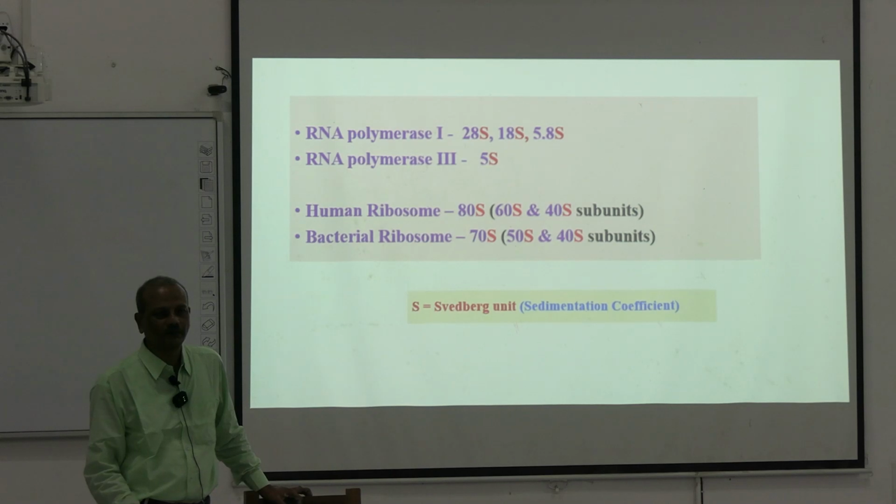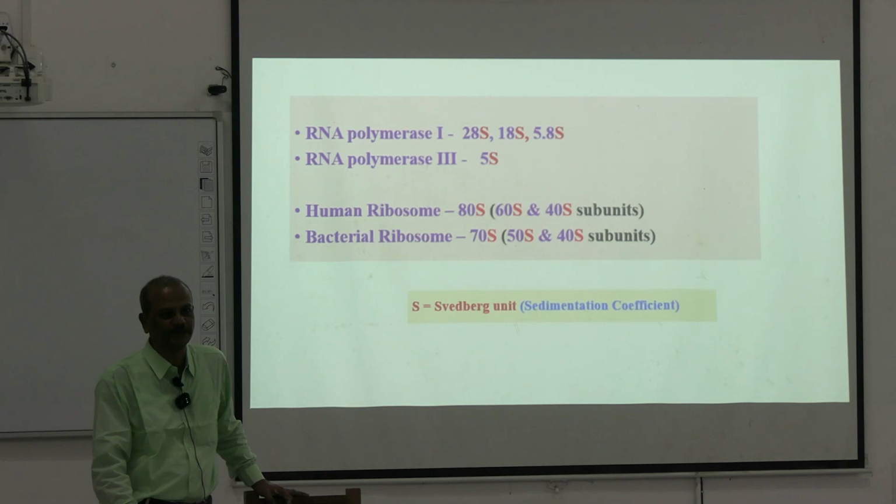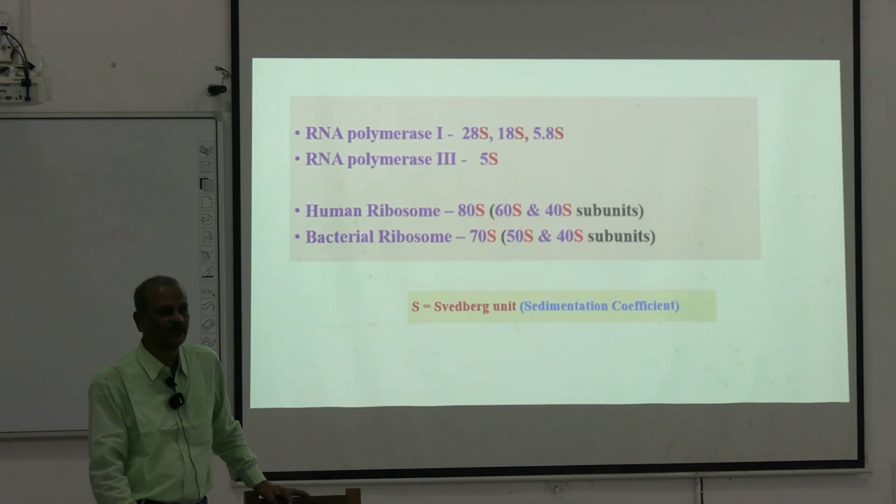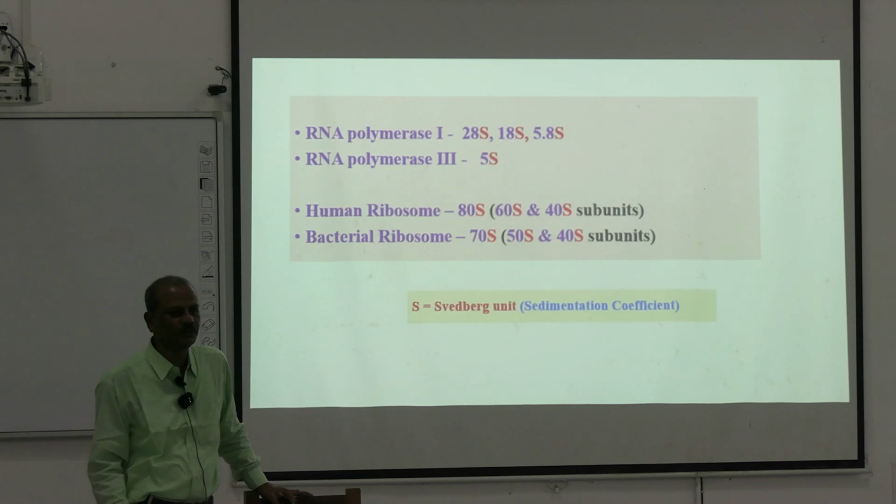It is done by differential centrifugation at different speeds. If you centrifuge at more than 1 lakh g, you will get the cytosol, as all the subcellular organelles will be removed.